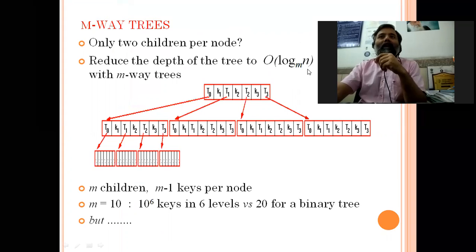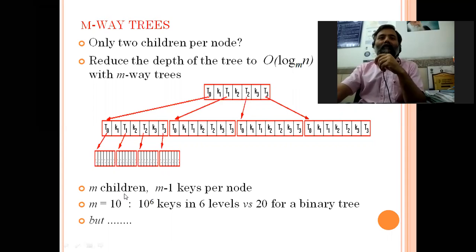What does it mean? When I'm saying the order of M, for M-way search tree, the order will be M. If the value of M is 4, then the number of key values will be M minus 1, that is 4 minus 1, that is 3. So we will have only 3 key values and M children.